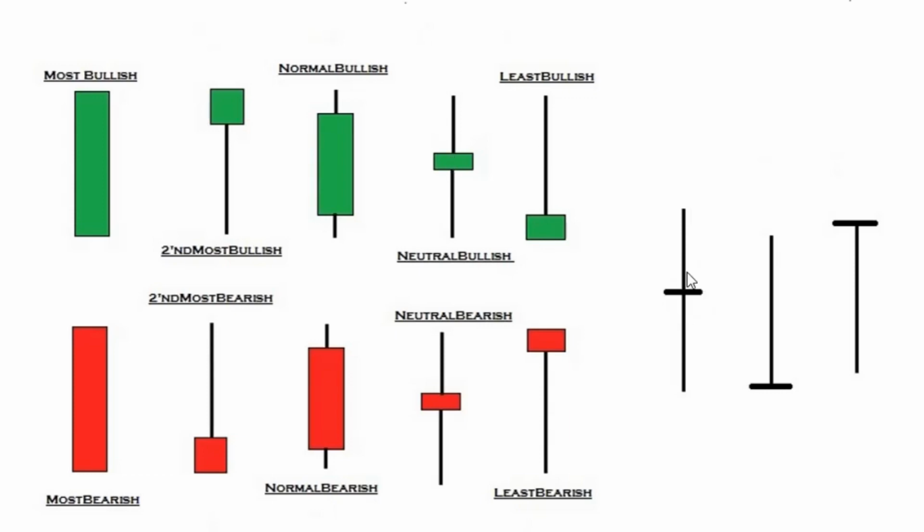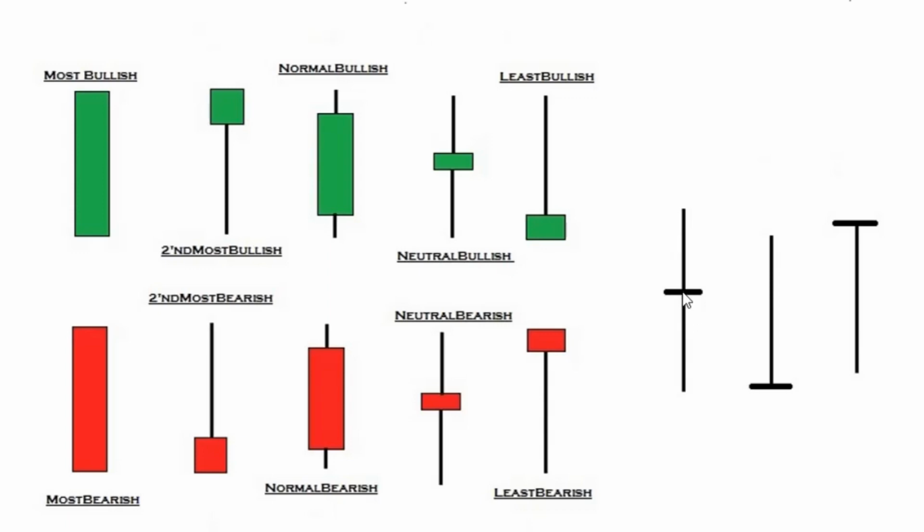Similarly, this candle right over here is the most neutral candle because the opening and closing points are at the same level, but the high and low are different, which means there are huge shadows on either side. What does that mean? The market opened, and it either went down or went up.